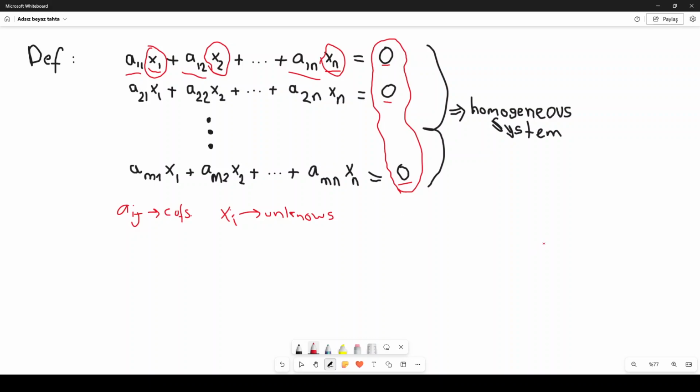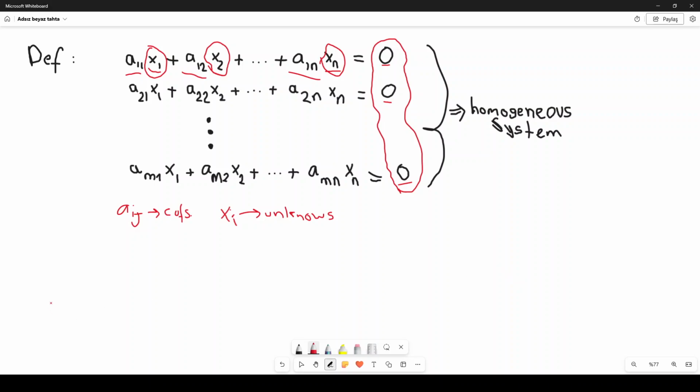Before even diving into the details of how we can solve such a system, let's start with a very simple observation. Even without computing anything else, we are ensured that we have at least one certain solution to a homogeneous system.